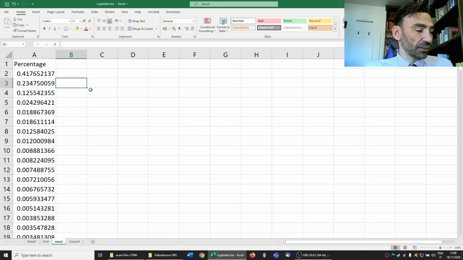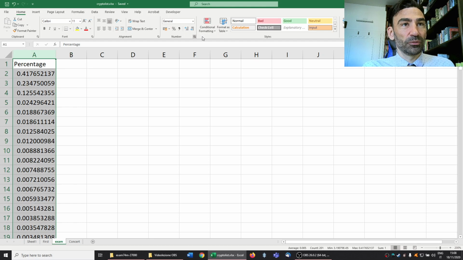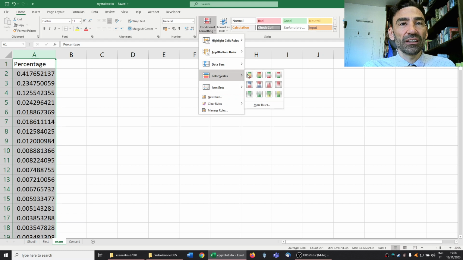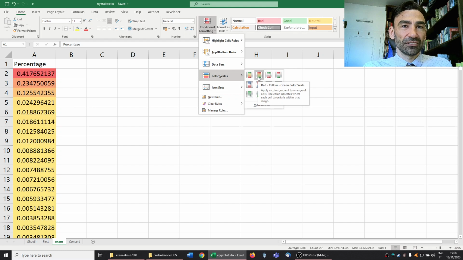In sheet exam, apply an automatic color scale to column A from green for low values to yellow with a midpoint of 0.01 to red. What does it mean, midpoint 0.01? Let's try and we will see. Color scales, green, yellow and red. Is it here? No, red, yellow and green. Or this one? Not this one.